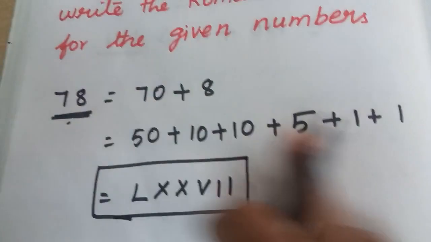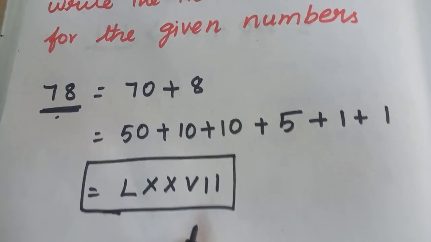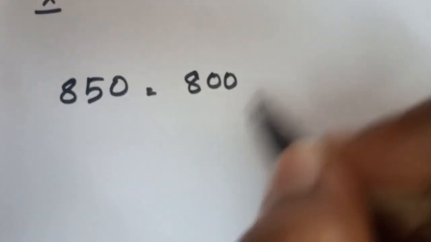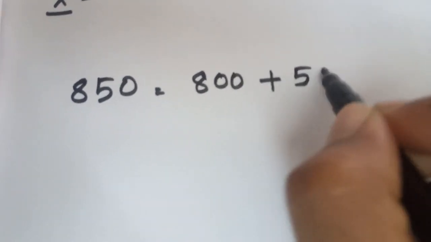Any doubts you have now? Shall we see one more example? Next example: 850. First step, you have to split that number: 800 plus 50.